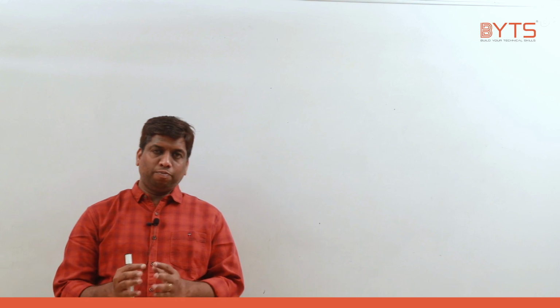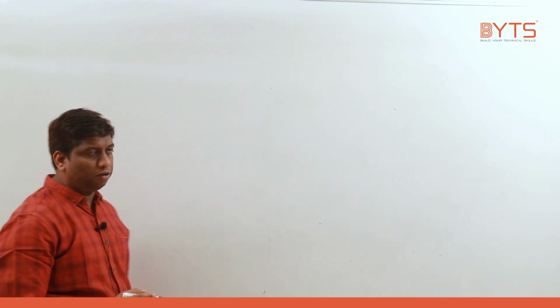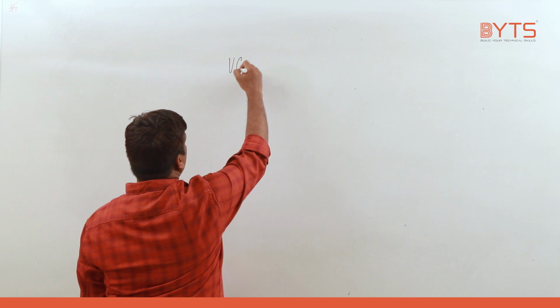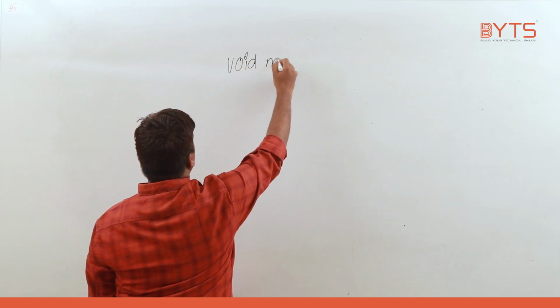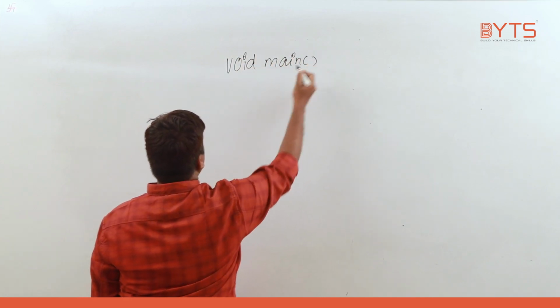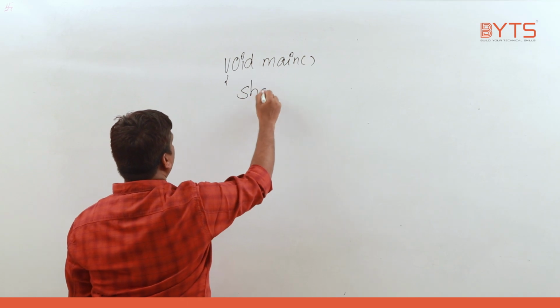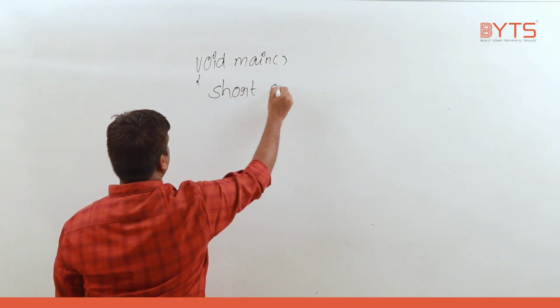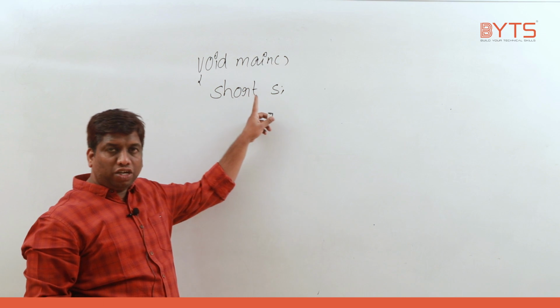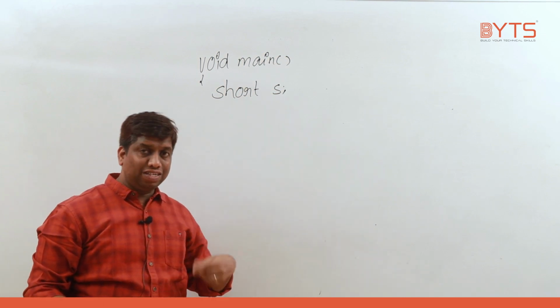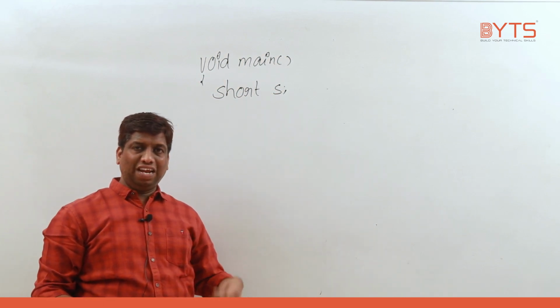Now there are some commonly asked interview questions on the data types. So now we are going to solve some basic problems here. First we will solve a basic problem. This is one of the very common problems. I'll write short. Yes, I already told you, whenever I write short, internally it is signed, and internally it is int.